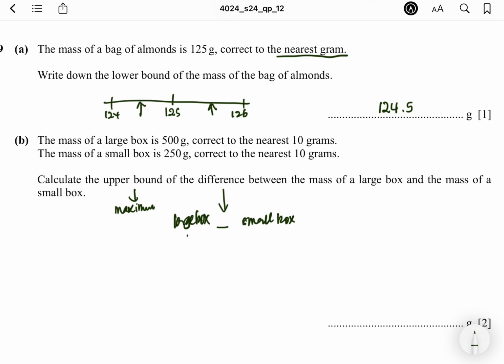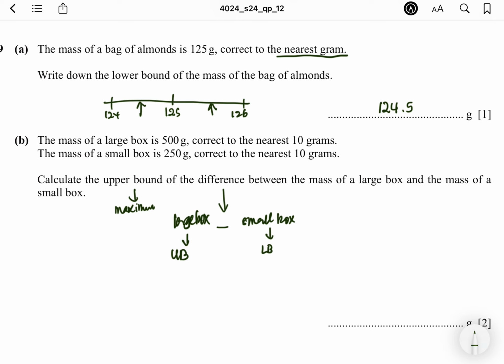Tetapi, large box kamu ambil dia punya upper bound. The small box kamu ambil dia punya lower bound. Jangan kamu ambil upper bound. Yang upper bound tolak upper bound, yes, you get that. Tapi kalau you take upper bound, tolak lower bound, besar je lagi difference-nya tu. Okay, gitu.